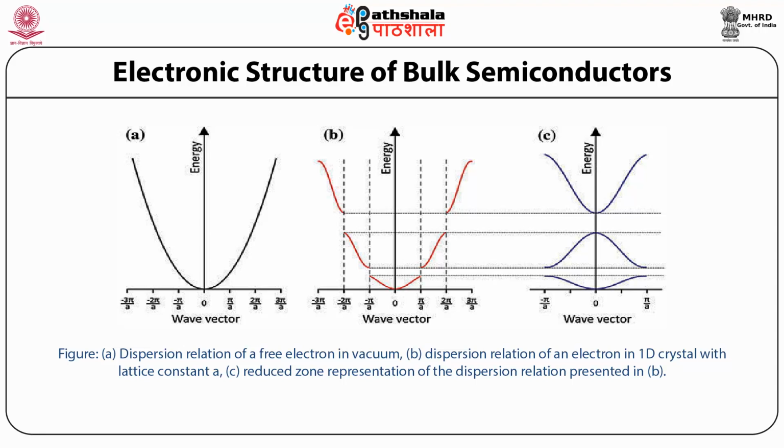So gaps occur between the different bands at k equal to 0 and k equal to π/a. The electronic structure of a 3D crystal may be described similarly to the 1D case.